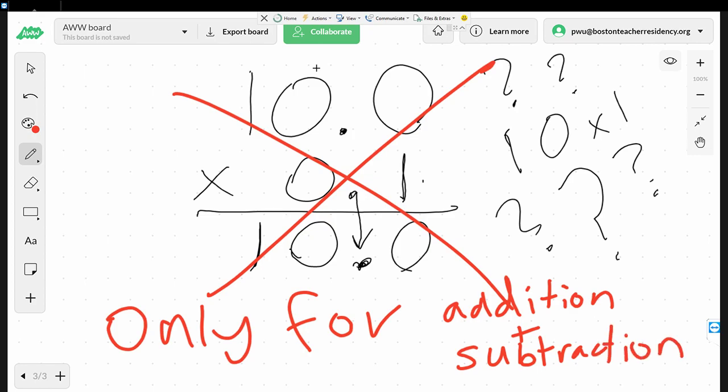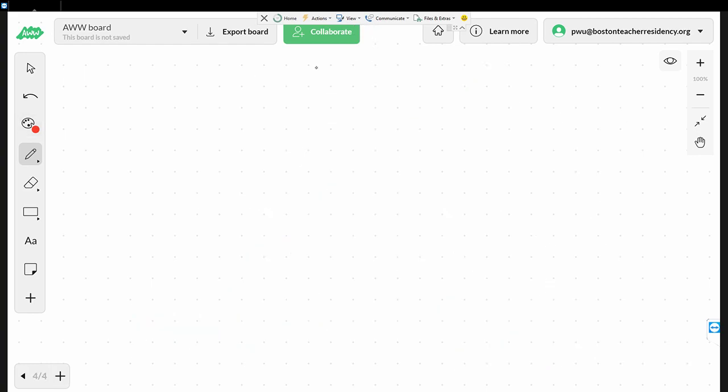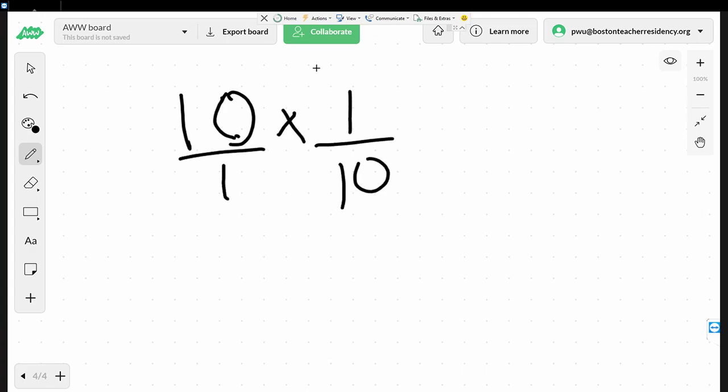So our new question is, how do we multiply these in that case if we're supposed to get 1? Well, we're going to go back to our fractions. So 10 wholes times 1/10 ends up giving us 10 tenths, which we said was just 1 whole.